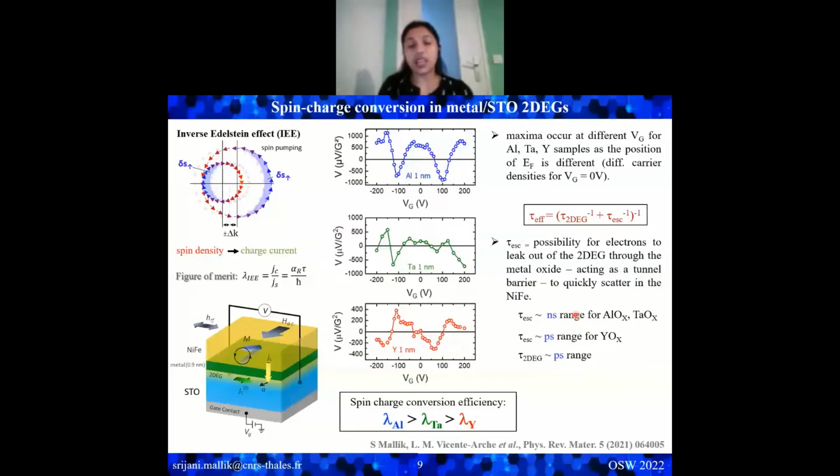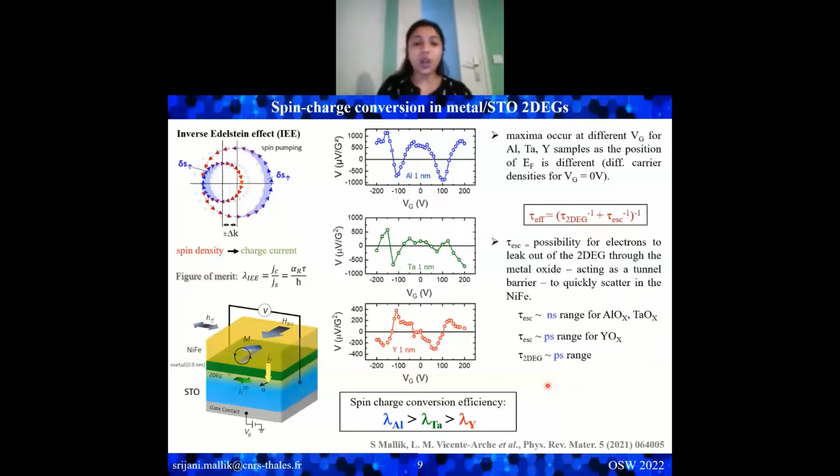This way we can tell that, let's say for yttrium oxide, it's much easier for the electrons to leak out. So it's not a good tunnel barrier. However, for the aluminium oxide, this is the best, because this is really keeping the electrons in the two-dimensional electron gas, prohibiting them from leaking out to the permalloy layer.